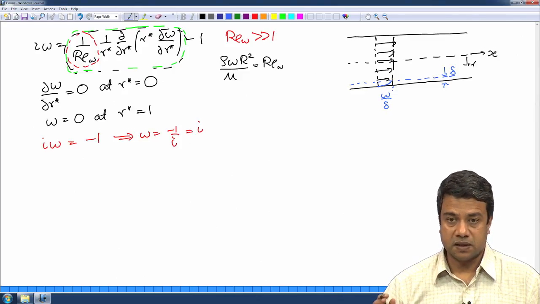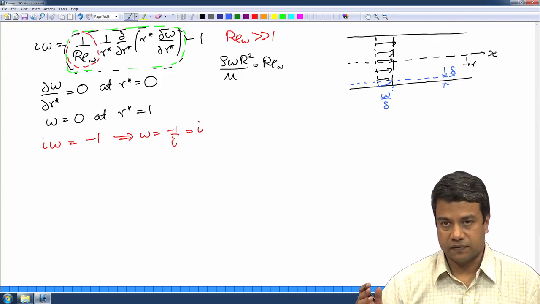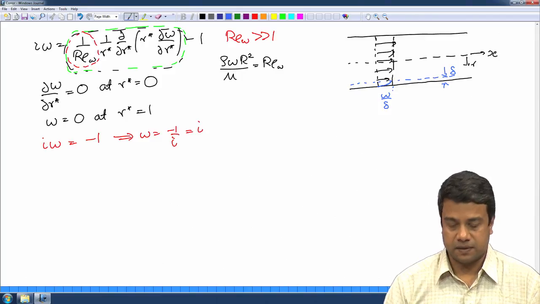This could be much larger than what I have assumed here, where the length scale is r, and therefore I have scaled the velocity gradient by r.